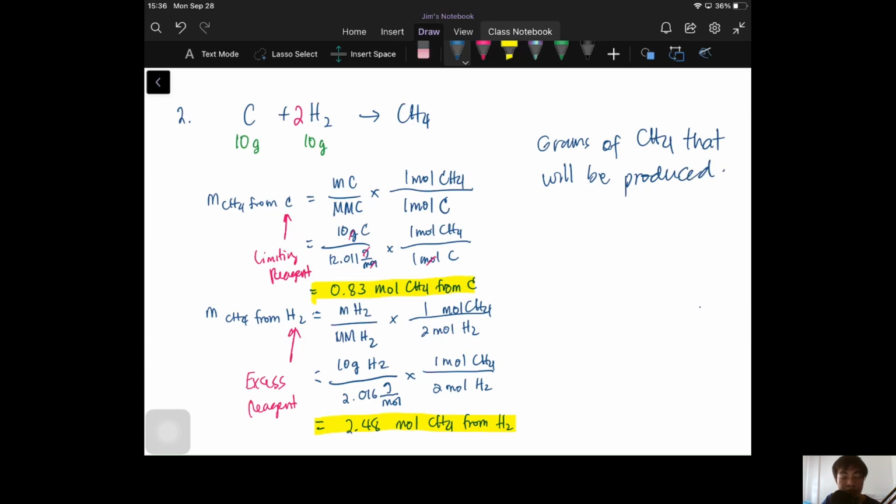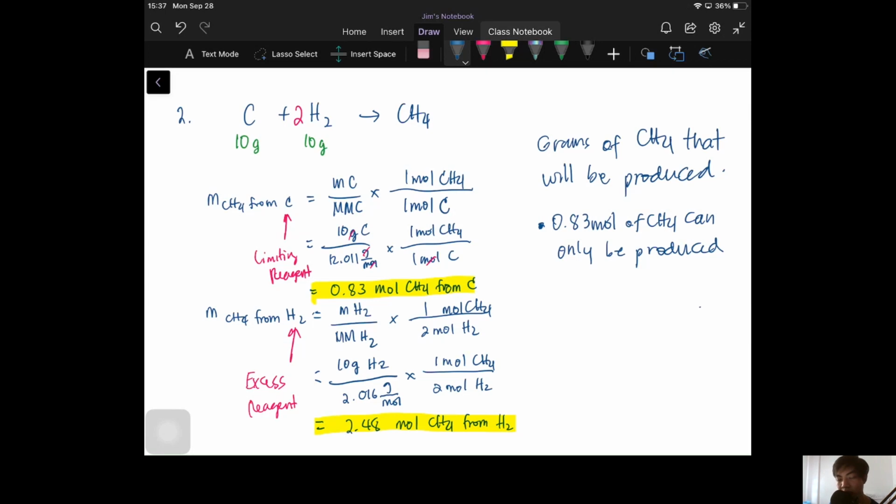Okay, so pag yan yung question, ano yung basis natin? The basis would be the amount of product that the limiting reagent can produce. So, itong 0.83 moles. Ito lang yung kaya. Okay, so hanggang dyan lang yung kaya. 0.83 moles lang yung kaya ma-produce.